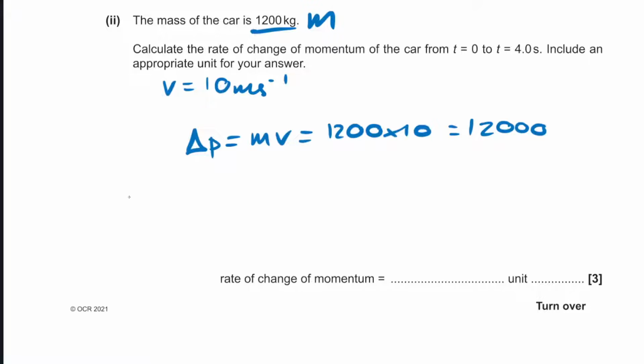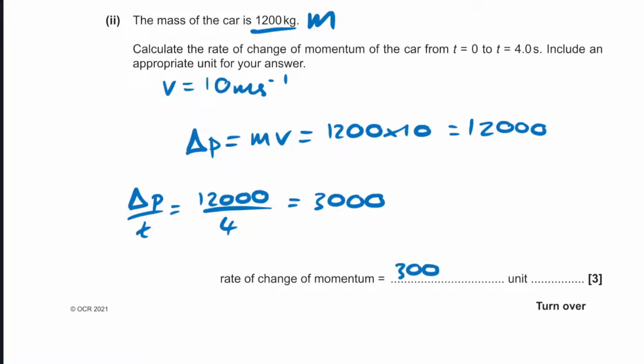And therefore, rate of change of momentum is going to be that divided by 4 seconds. So that gives us 3,000. Unit for this, well, rate of change of momentum is the same thing as force, isn't it? So we could say newtons. That'll be the best way to do it, yeah. We could say kilogram meters per second squared, but hey, it is force after all.